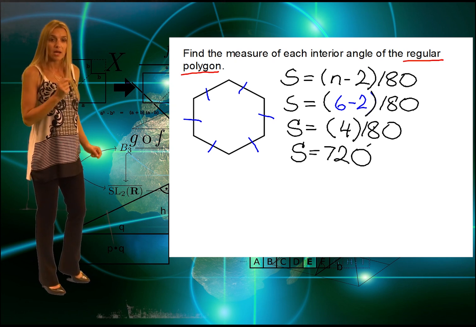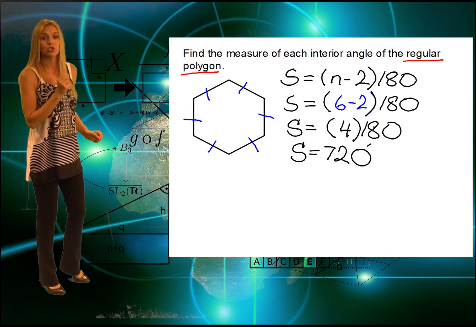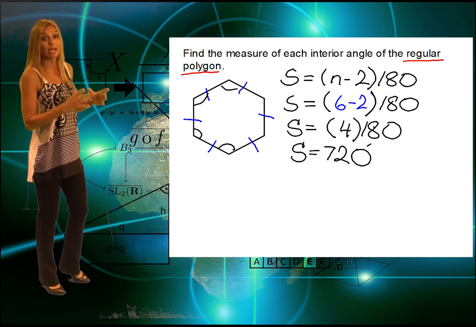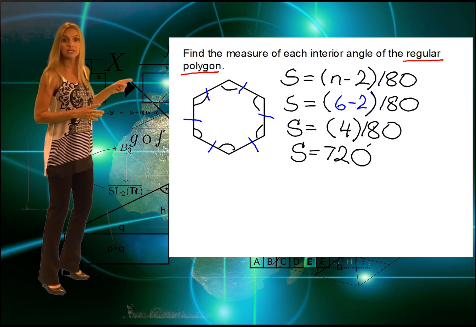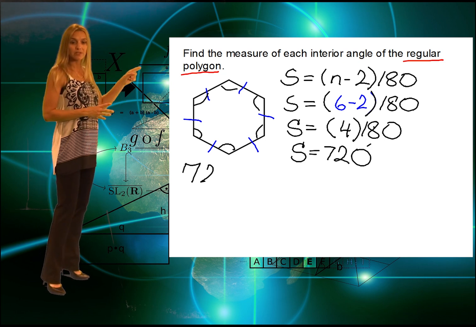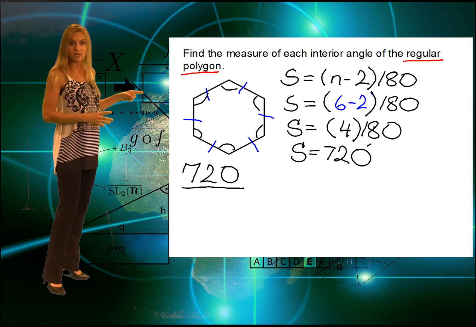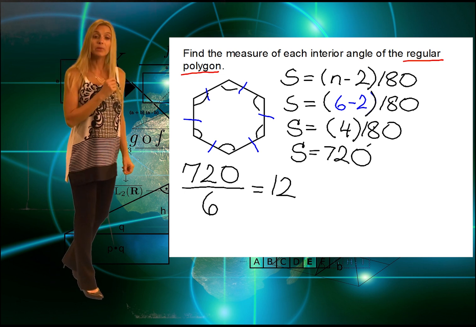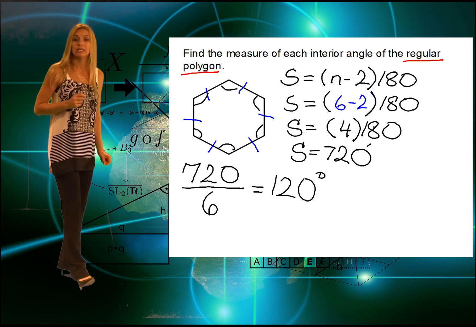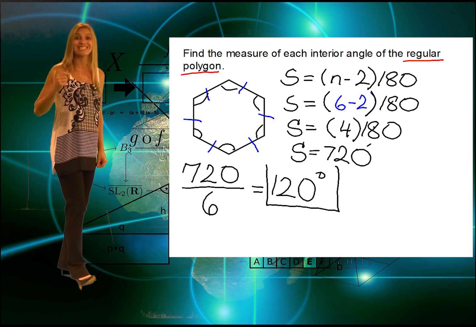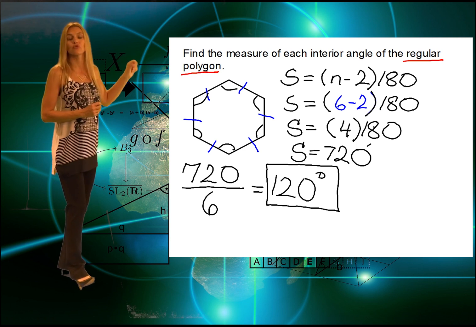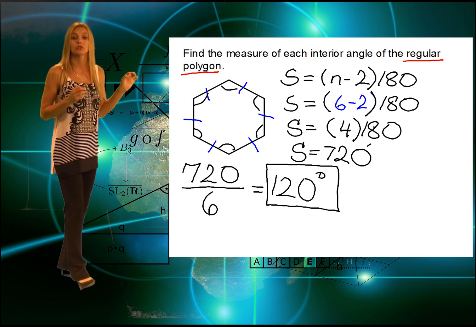So I will take my 720 degrees and divide it by how many angles I have, and we have 6 angles. 720 divided by 6 is 120 degrees. And that means every angle is 120 degrees. Every angle, because it's a regular polygon, is congruent.